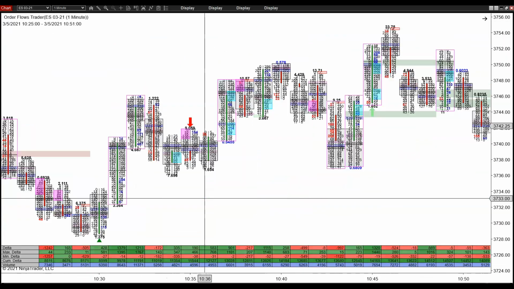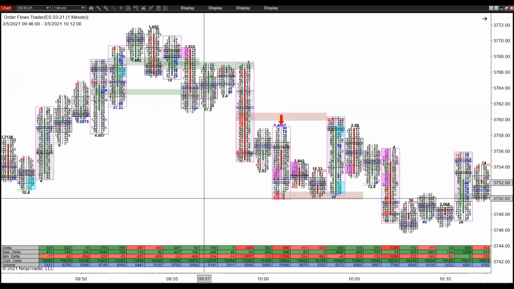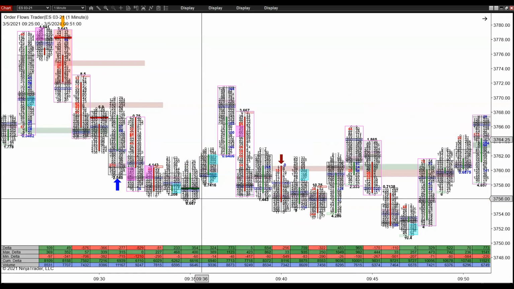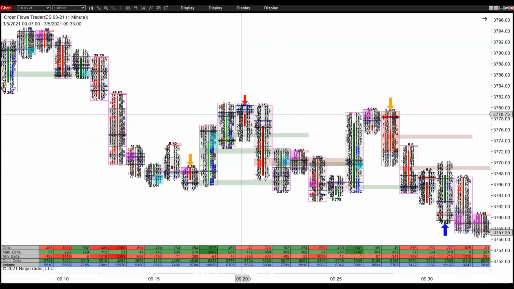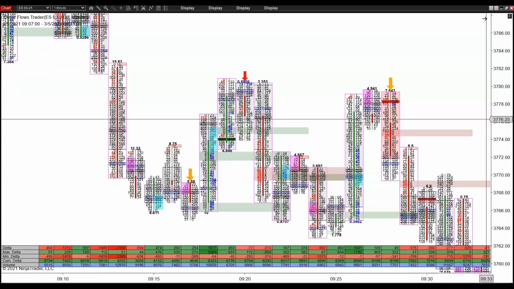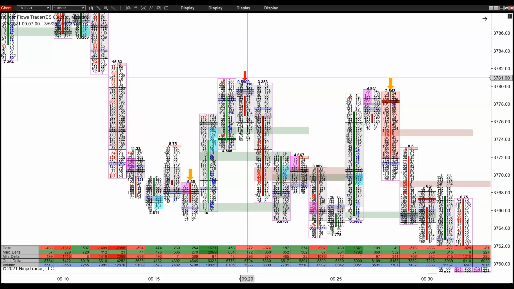It's got to be a red bar. Points of control don't always cooperate with what you're looking for, but when you see it develop right in front of your eyes, you're going to notice it, like right here. These three in the red candle, the 3 points of control are scrunched together near the top of the bar.